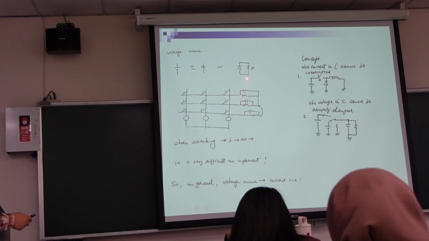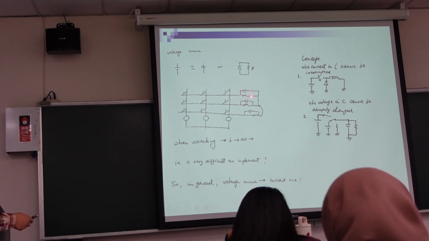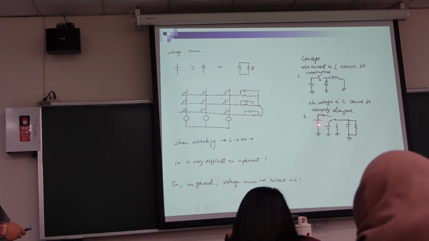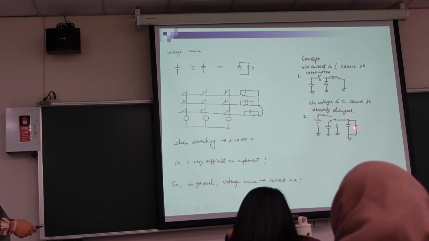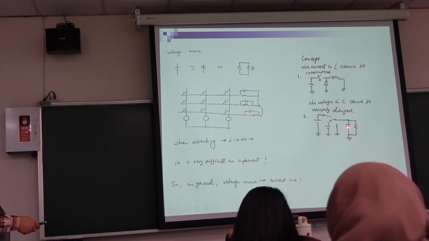However, if you put a capacitor here, then what happens? First, the capacitor is 100 volt. Then you switch to the second voltage, it becomes 50 volt. So in 1 microsecond, you change 50 volt, then you create 50,000 ampere charge the capacitor.